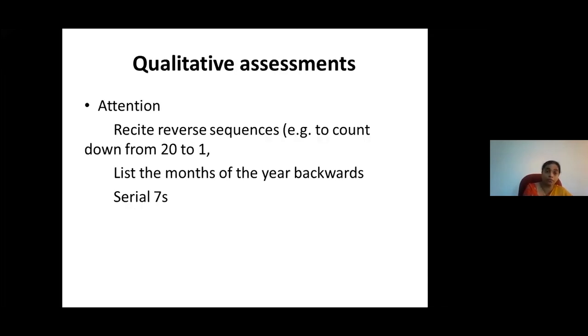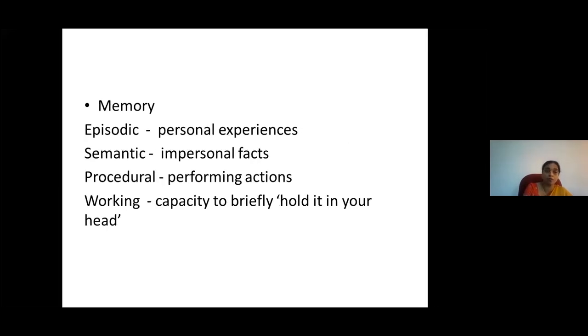And then some qualitative assessments are there. In addition to those scales, we assess attention by reciting reverse sequences, and listing the months of the year backwards. And memory, of course, episodic, semantic, procedural, and working memory, we assess in different ways.